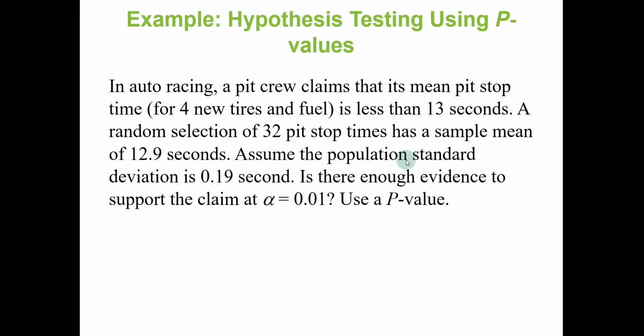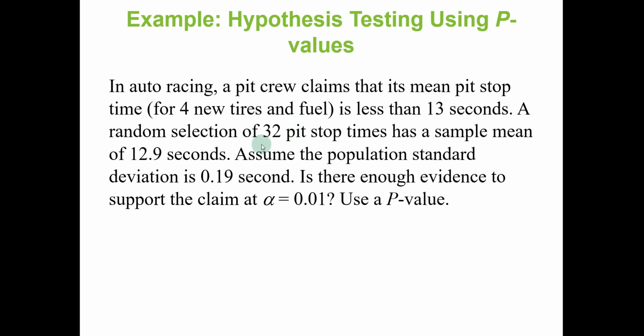Okay, let's take this example. We've been told that the mean pit stop time is less than 13. So you see less than 13, it already indicates that for your null and alternative hypothesis, you should be using greater than or equal and less than. So less than 13 seconds.